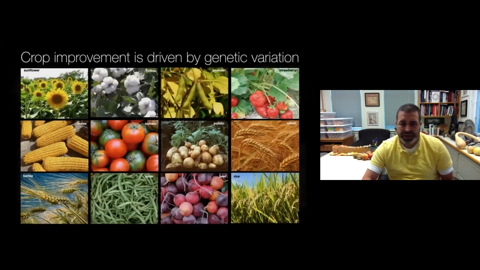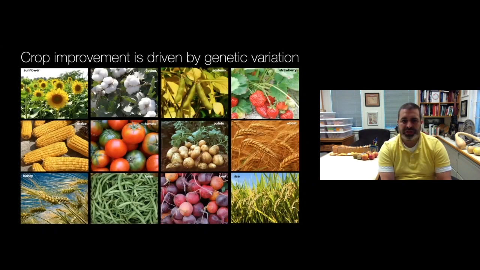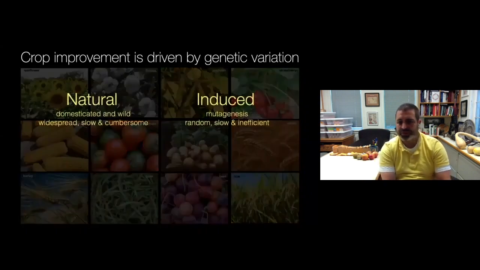So just to give you a backdrop of the larger questions that we're interested in, has to do with how genetic variation is, of course, the driver of crop improvement. And historically, I think many would be familiar that this is coming from 2 sources of genetic variation. There's natural variation, which we would get from nature's mutagenesis, where you have domesticated plants that have variation that exists already endemic, as well as from wild ancestors.